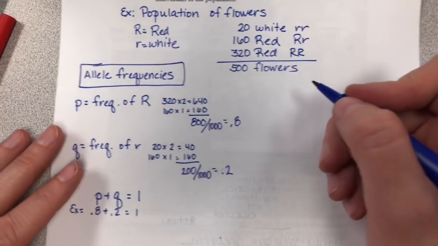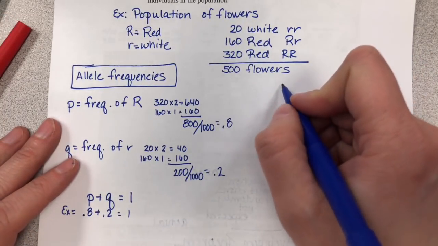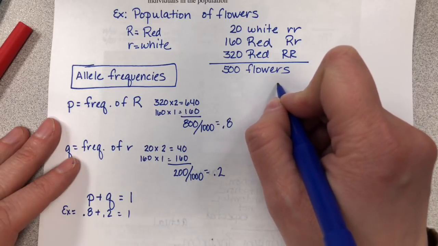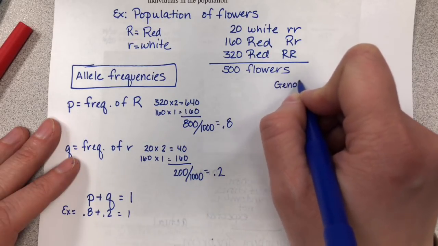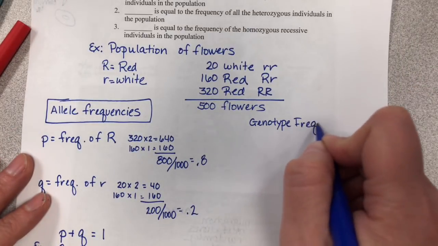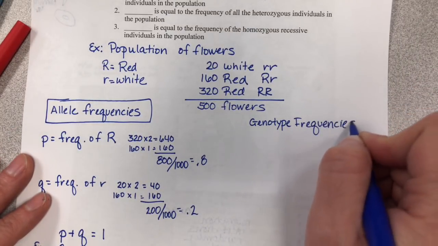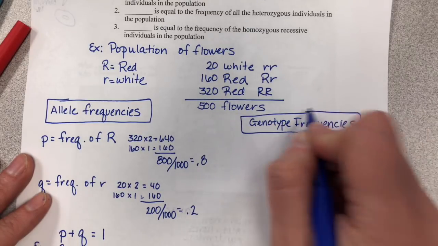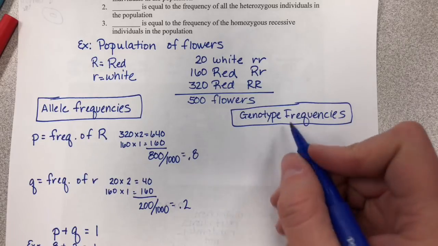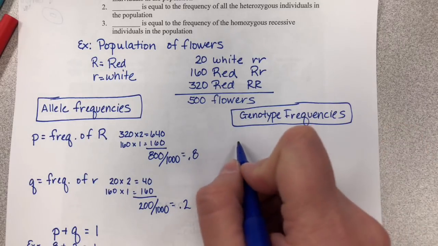The second thing we use with the Hardy-Weinberg equation or theorem is what is called the genotype frequencies. So we're going to fit this over here. All right, so we have 3 genotypes.